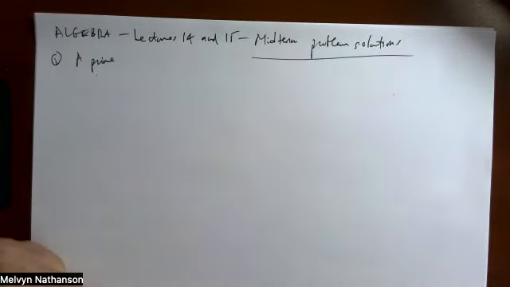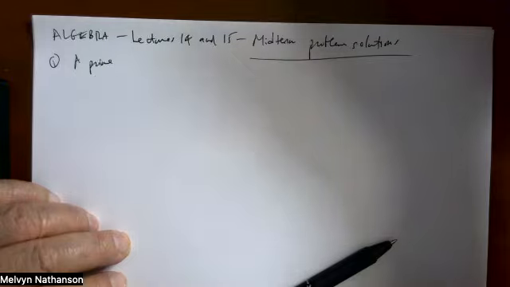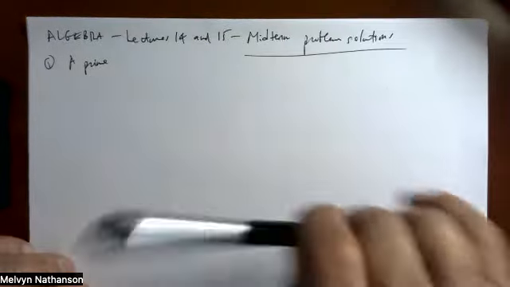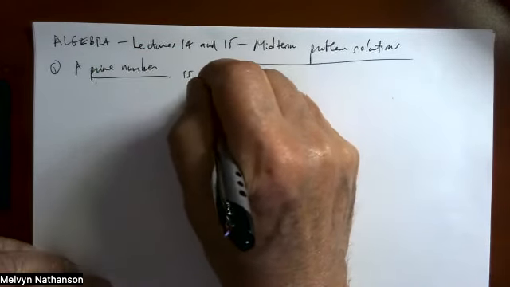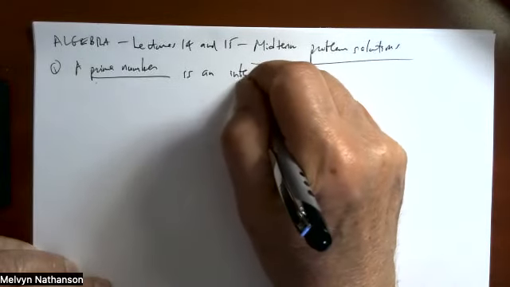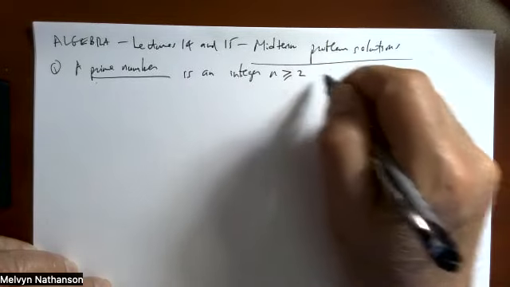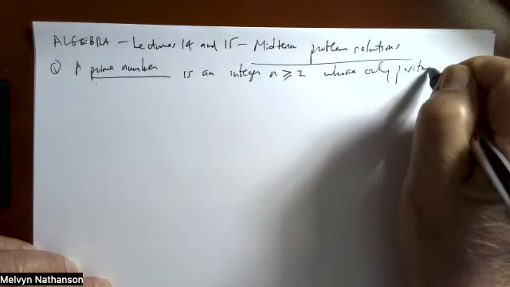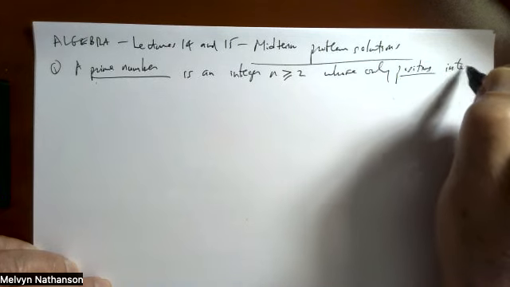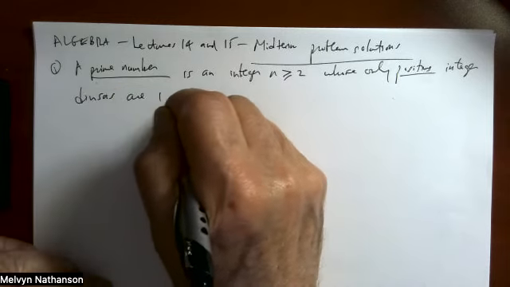A prime number is an integer, let's say n, greater than 1, that means greater than or equal to 2, whose only positive integer divisors are 1 and n.